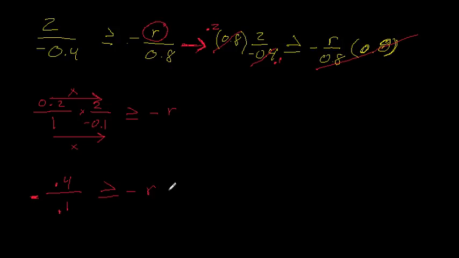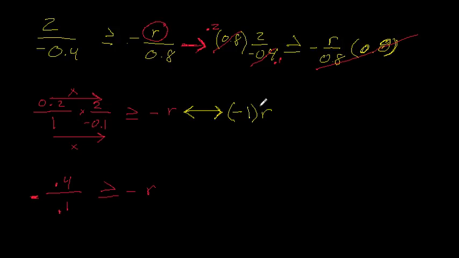negative r. Let's look at the negative symbols here. One thing we can ask ourselves is, what's happening to r here? It's being multiplied by a negative symbol, and hidden in between the negative symbol and r is the number 1. So negative r is the same thing as negative 1 times r.